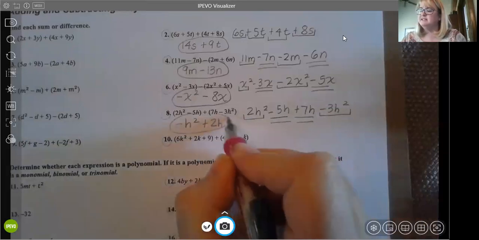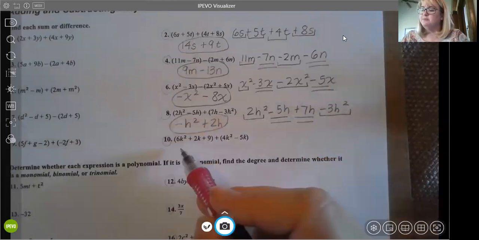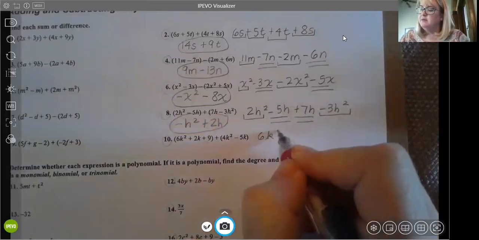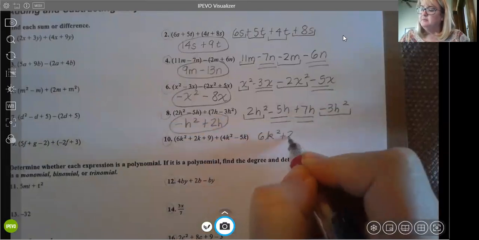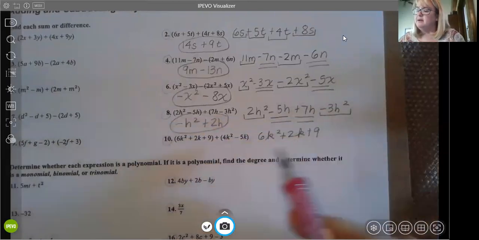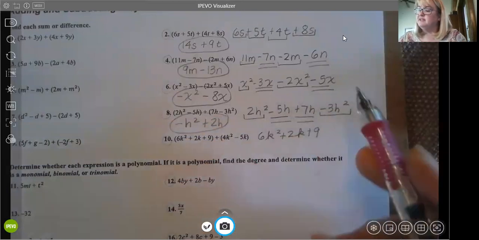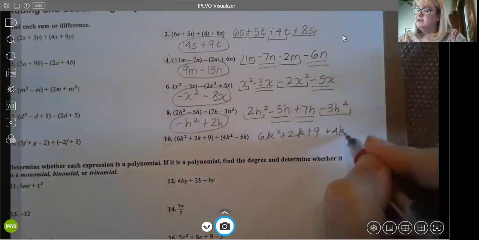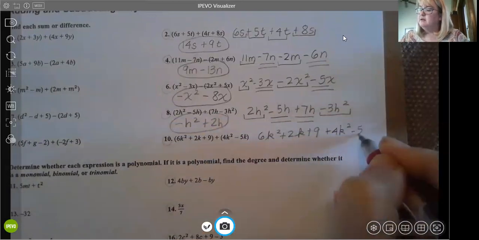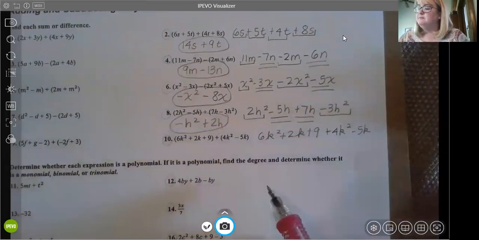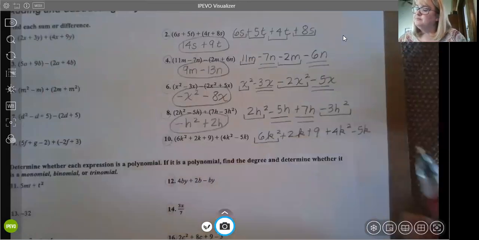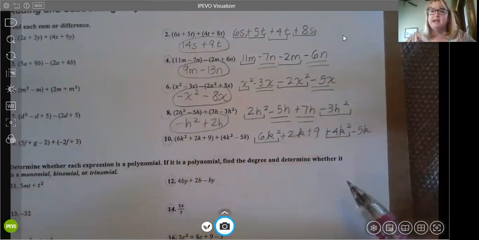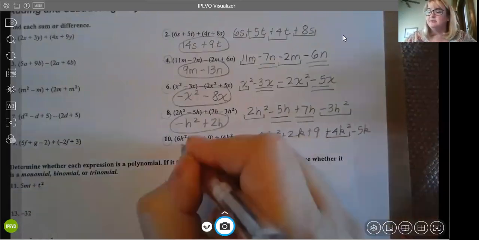And last but not least on this one, we can drop the parentheses with the first grouping, 6k squared plus 2k plus 9. And then I'm going to distribute the positive sign, plus 4k squared minus 5k. So then we combine what we can. 6k squared plus 4k squared is 10k squared.